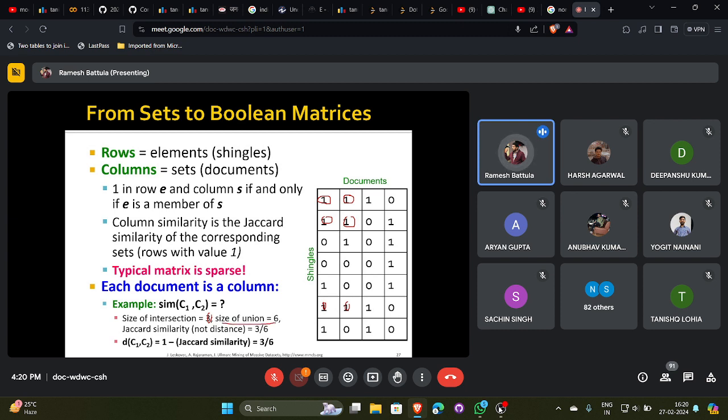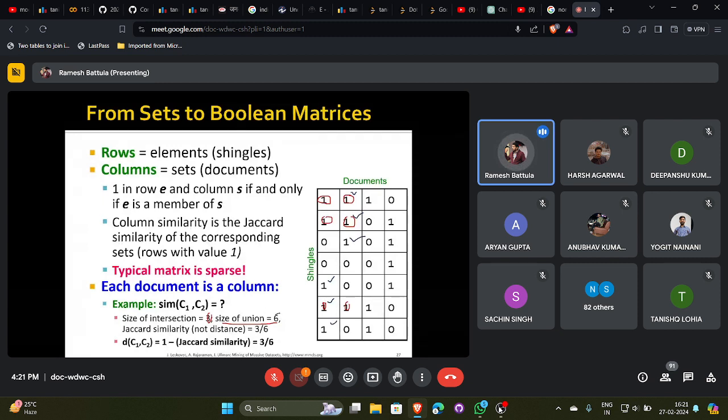How do we get the size of the union, 6? Here we observe 1, 2, 3 are there, as well as 4. Here these two are 1, that's why this is 5. This is 6.